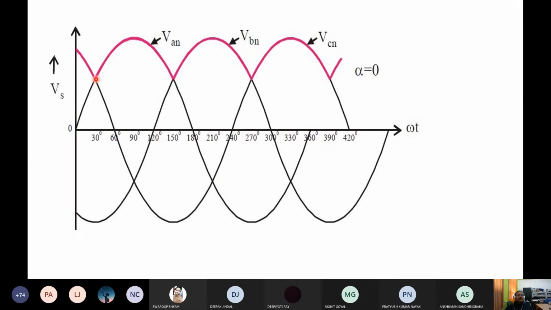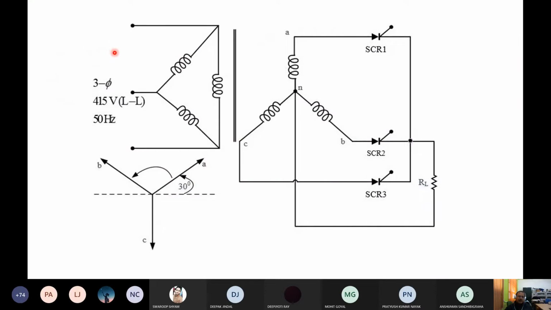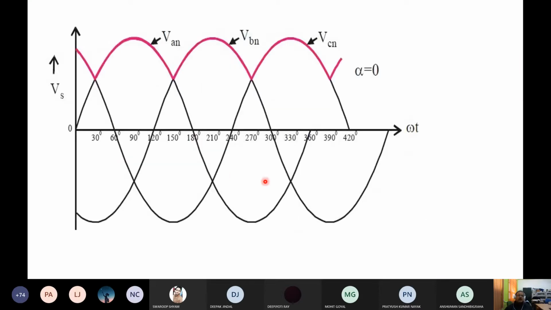Suppose these are diodes. Alpha 0 means diode. A diode needs a forward bias, so here the diode will be automatically forward biased by phase A, because A will be maximum positive after this instant. At this instant A and C are equally positive, and B is maximum negative.